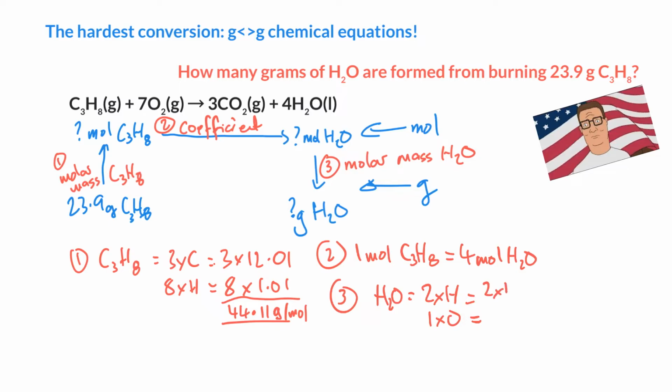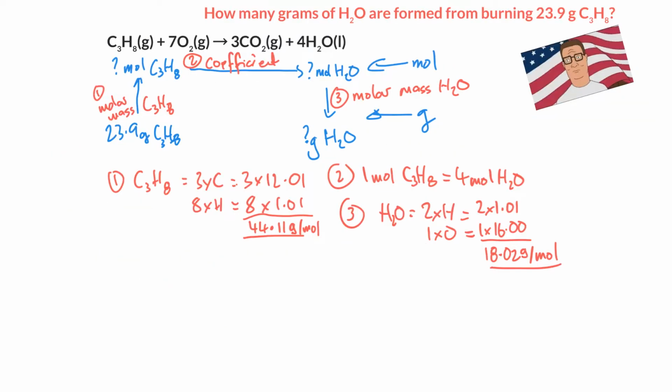So hydrogen is 1.01, oxygen is 16.00, and that is 18.02 grams of water equal to a mole of water. So I think we are now ready. I just sneakily pushed it up the screen, but now I am ready. Are you ready? So we're going to start with our 23.9 grams of C3H8.